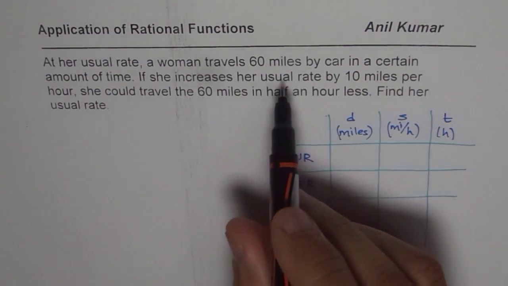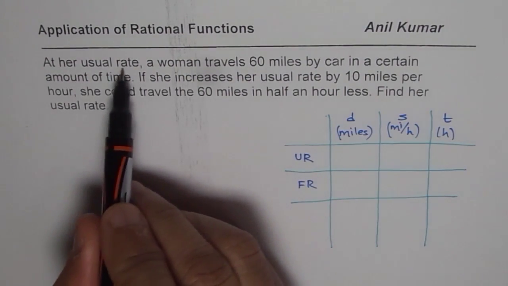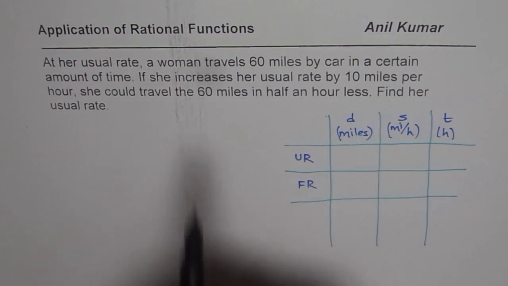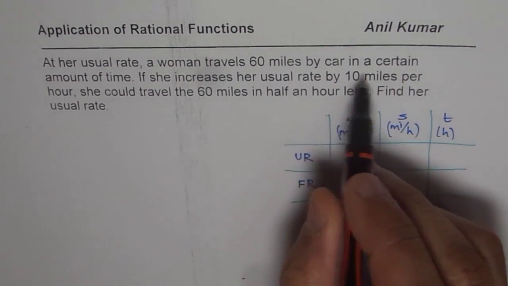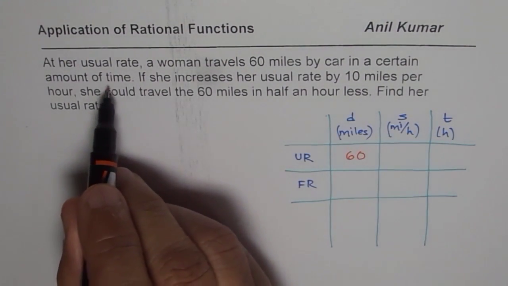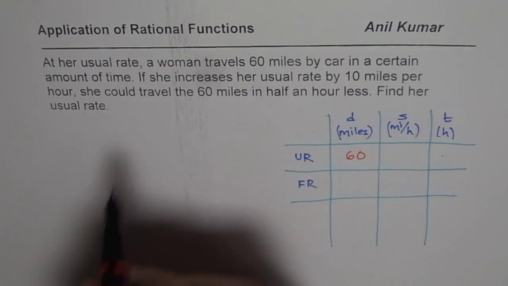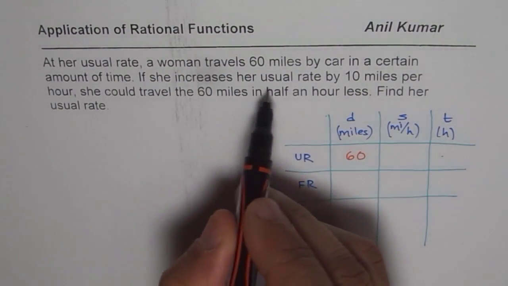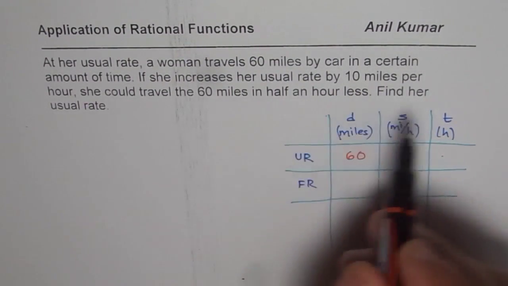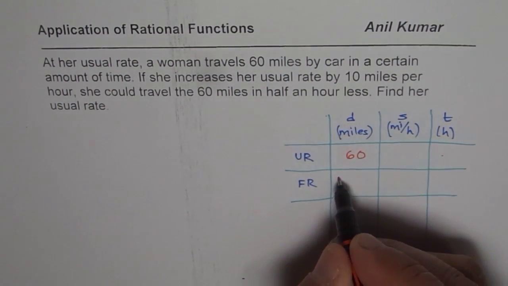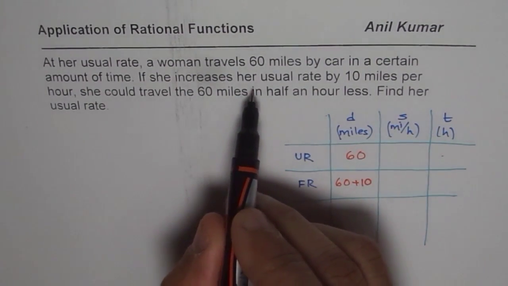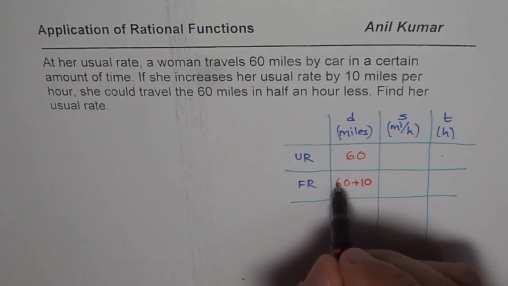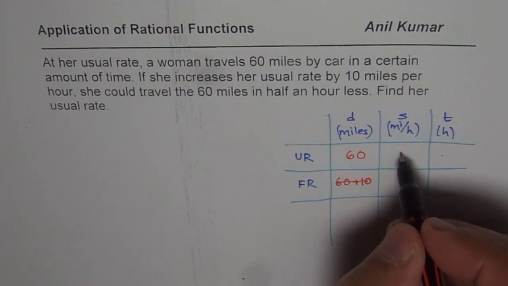Read the problem once again. It says at usual rate, that means under this column, the woman travels 60 miles by car in a certain amount of time. Now this time you don't know. If she increases her usual rate by 10 miles per hour, that means faster. Rate is speed, which is not known.